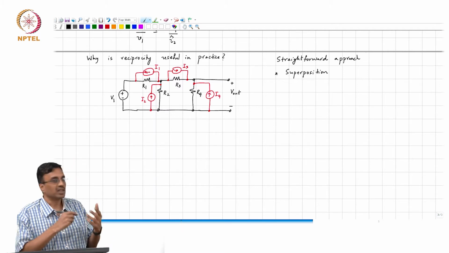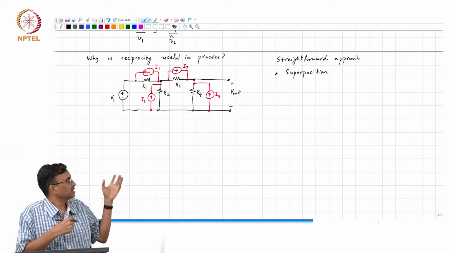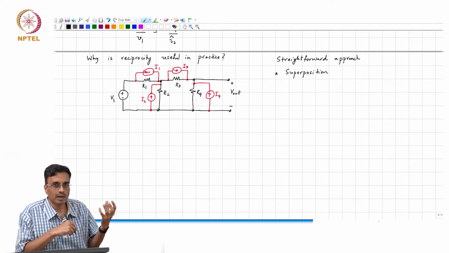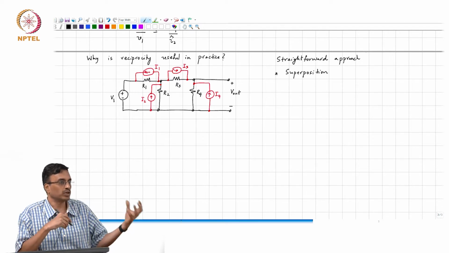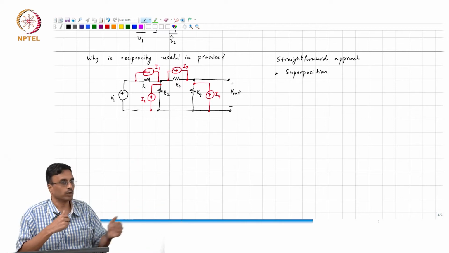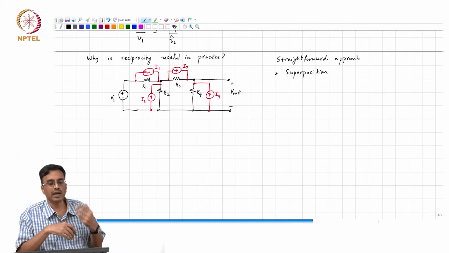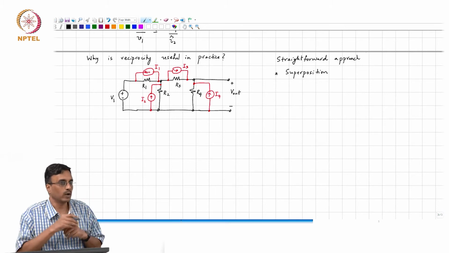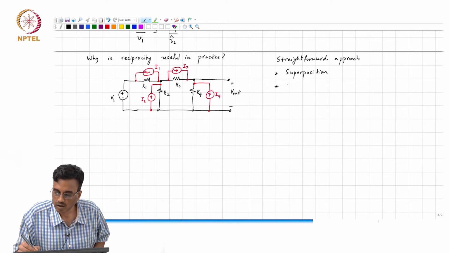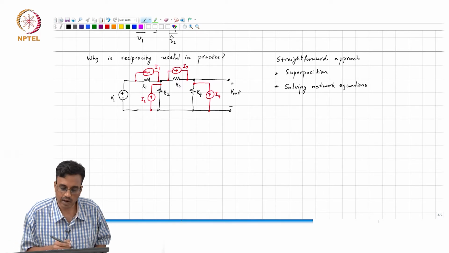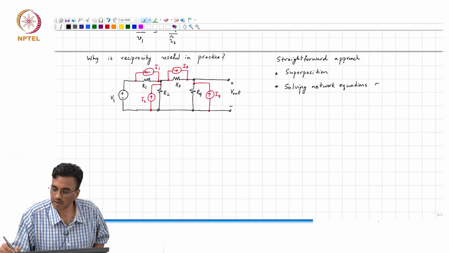And what does this entail? You de-energize all sources except one, and you find the transfer function from one source to the output, and you do this for all the sources that are there, right? So, how many times are you solving the network equations in this particular case? 1, 2, 3, 4, 5 times.